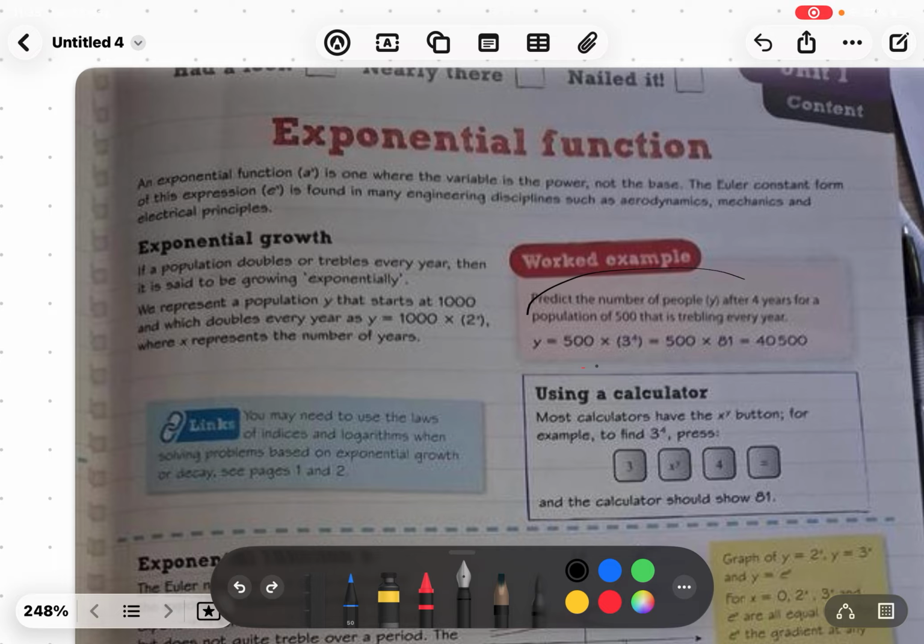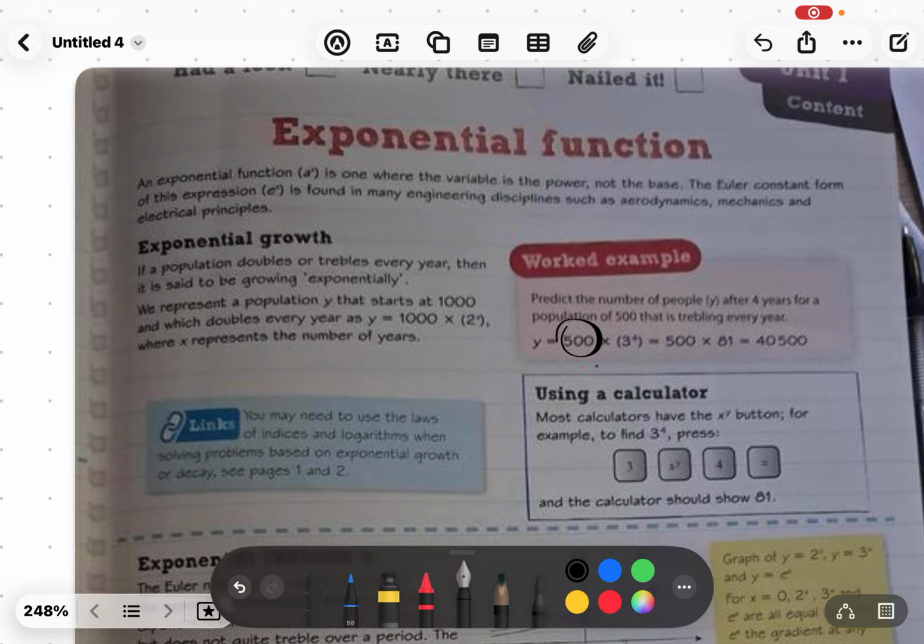Okay, let's just go to the example. Let's say the question is: predict the number of people, y, after 4 years for a population of 500 that is tripling every year.